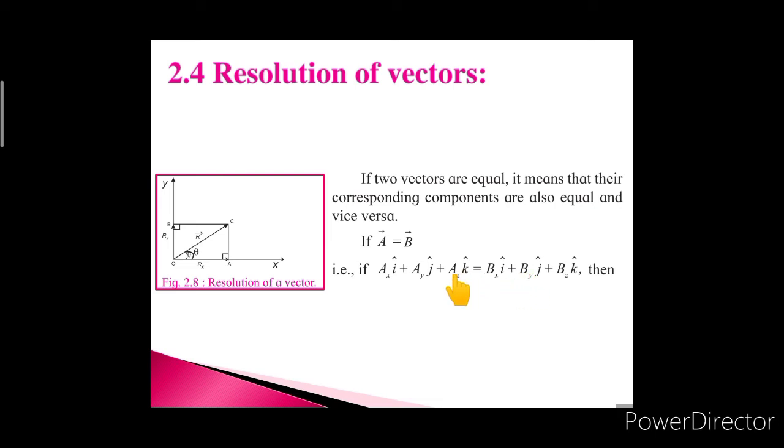And finally, the components along the z axis are also equal, so Az is equal to Bz. So if two vectors are equal, their corresponding components are also equal: Ax equals Bx, Ay equals By, and Az equals Bz. So this is all about the resolution of vectors.